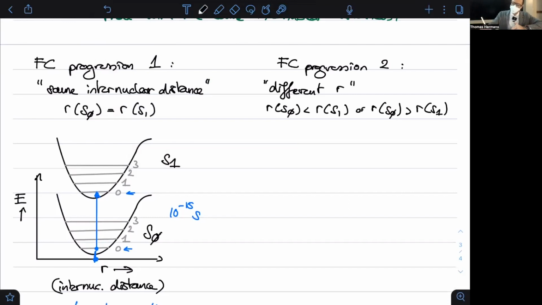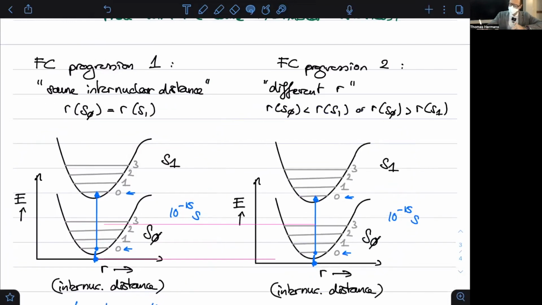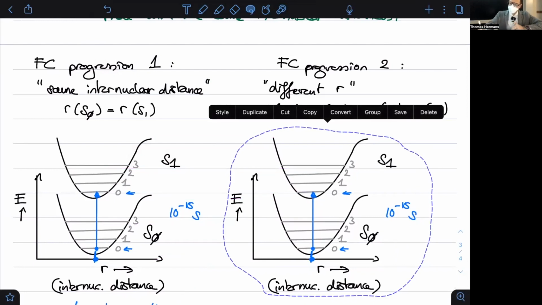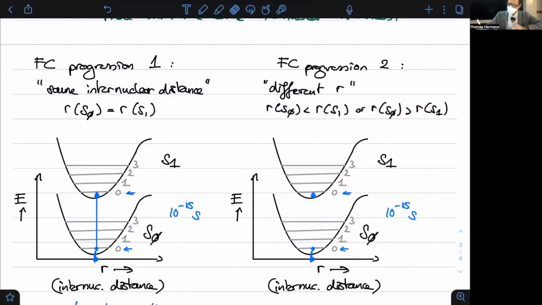Okay. So again, we're going to draw our energy landscape. There we go. And so this time is different. I'm going to move S1. Right?